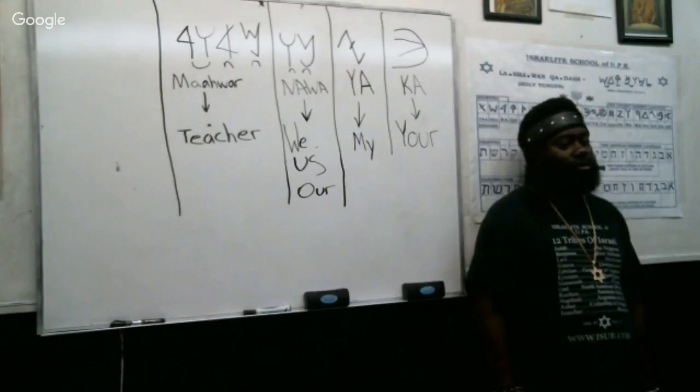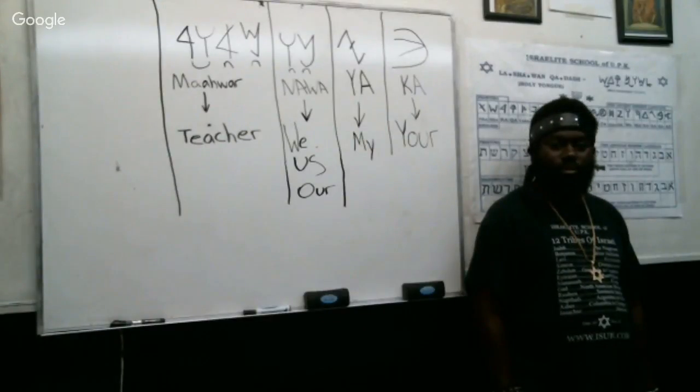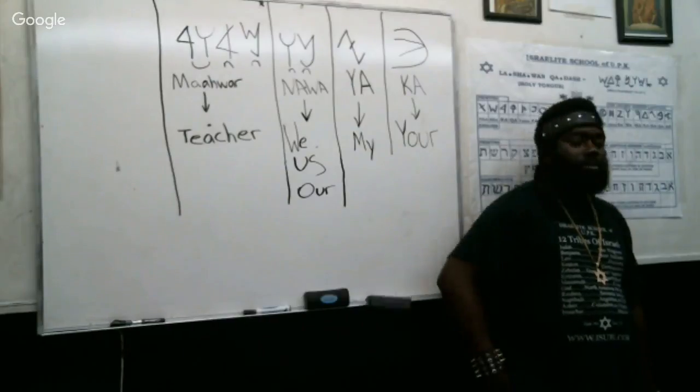Now, in the ABCs, you got A, B, C, D, but that's not how you say it. There are different ways you can say it, but it's not like that in Hebrew. Hebrew is straightforward. Now, what the brother got up here on the board is he got ma'awar, he got a teacher.